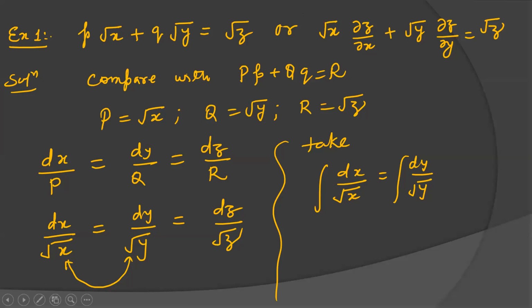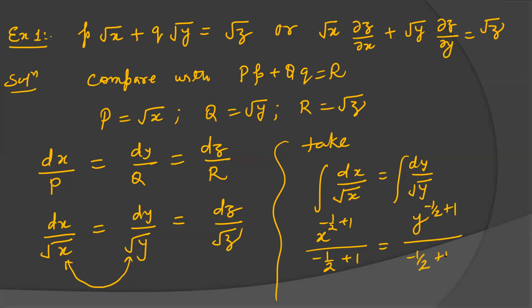So you will get this integration as x to the power minus 1 by 2 plus 1 over minus 1 by 2 plus 1 equal to y to the power minus 1 by 2 plus 1 over minus 1 by 2 plus 1, plus constant c1. This is actually 1 by 2, so we can use 1 by 2 also because it's a constant value.